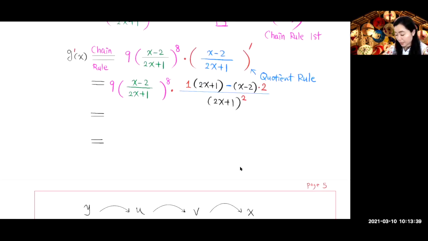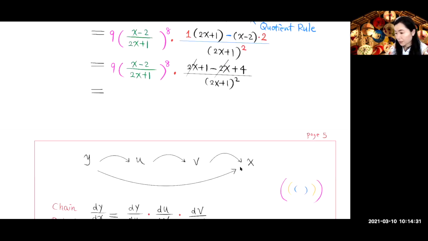Right. Now we just need to simplify it. Let's take care of the front here first. So that will be 9, and whatever goes to the 8th power, times 2x plus 1 minus 2x. Now be careful, here is minus, so it becomes addition. So adding 4, and 2x plus 1 to the second power. Now this 2 will cancel, so that will be 5 on top, right?